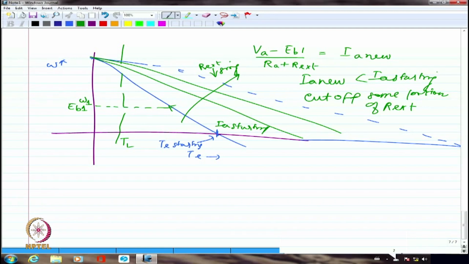So we have to take care of this. Generally this method is known as resistance starting of a DC motor. So the starter is basically an external resistance included in the armature circuit. Fine? So we'll start off with braking in the next class.